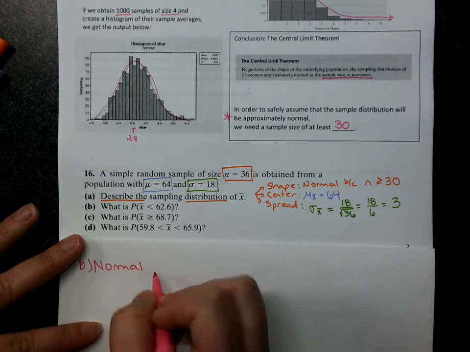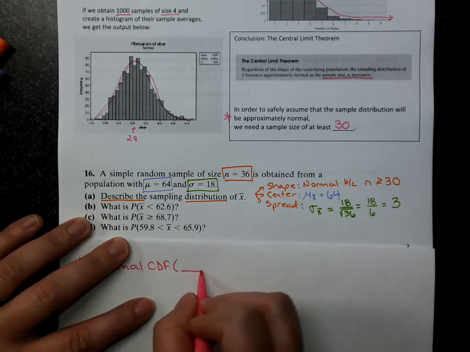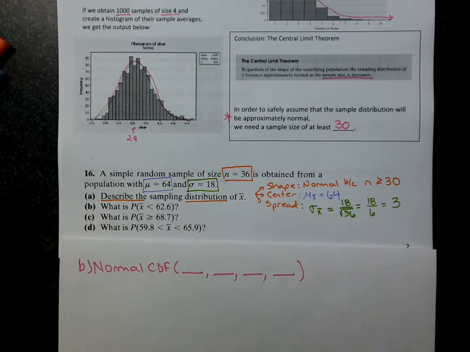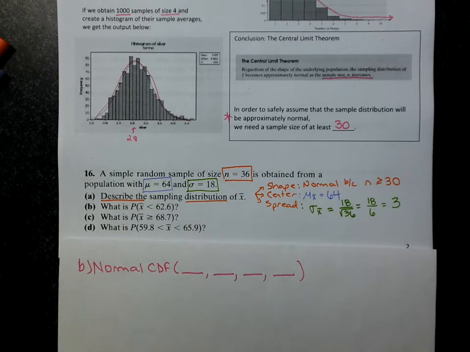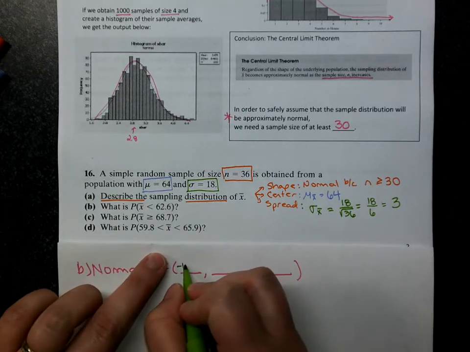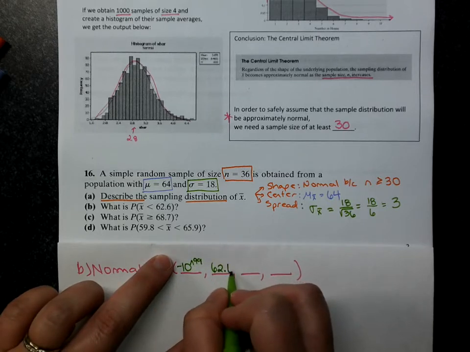Remember, we have a lower bound, an upper bound, a mean, and a standard deviation. Less than 62.6, if you think about the curve that we practiced drawing back in chapter 7, will go from negative infinity to 62.6.